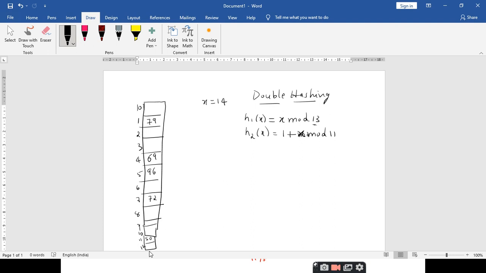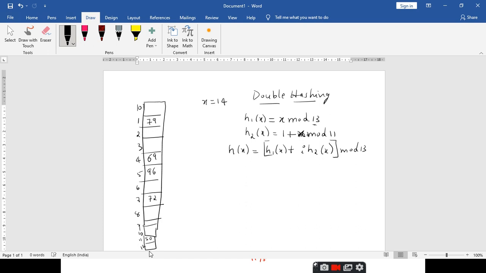So the overall hash function h of x can be defined as h1 of x plus i into h2 of x, a simple formula, and whole mod 13.